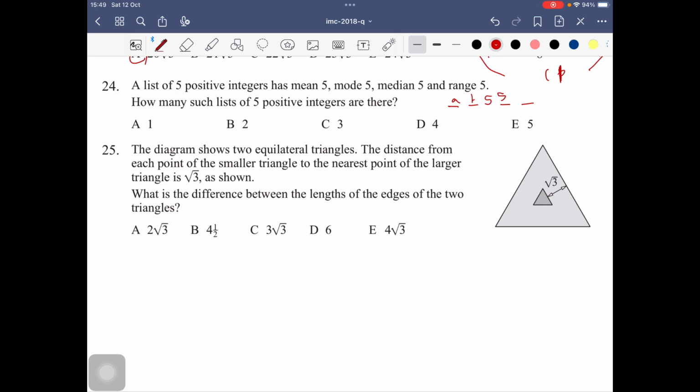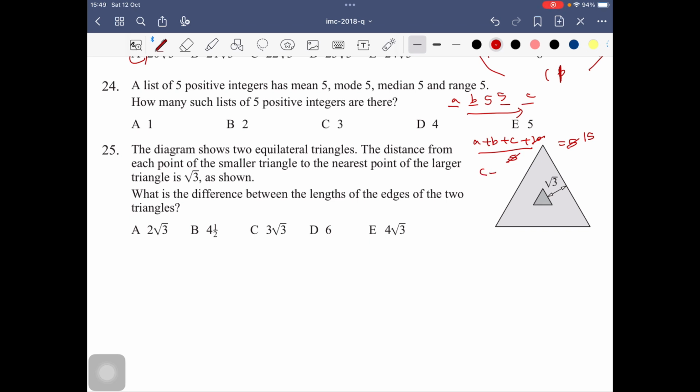So A, B, C, let's say. A plus B plus C, in ascending order, plus 10, over 5 is 5, so 15. When we add them together, this should be 15.